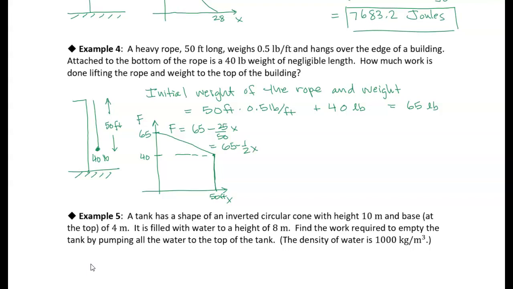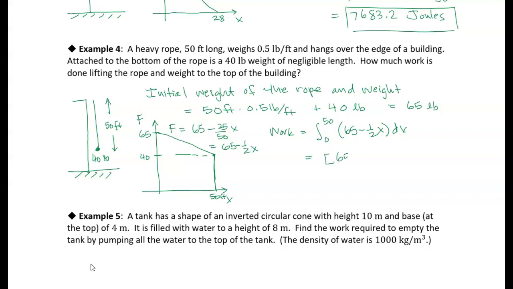So that's a function that models the force. And so if we want to find the work, we can just integrate that force. So we're going to get the integral from 0 to 50 of 65 minus 1/2 x dx.